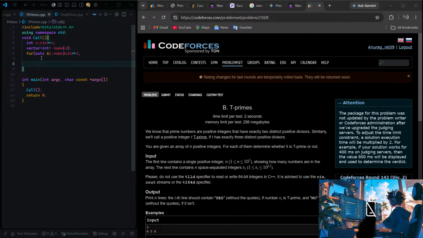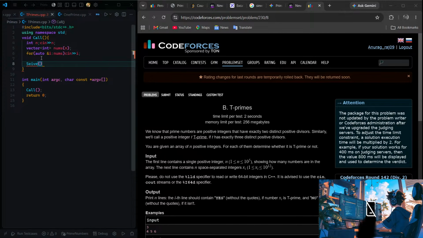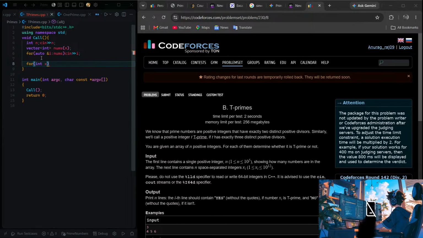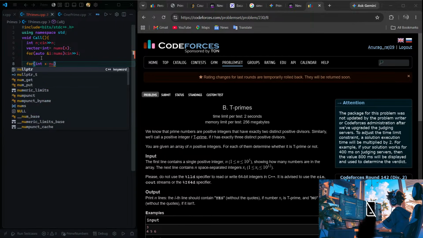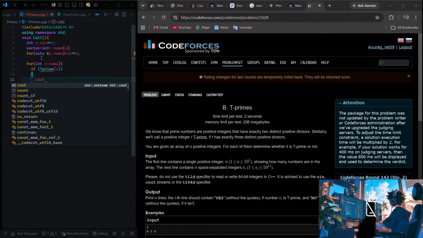Then after that I will call the function sieve. So this sieve will tell me whether a number is a prime or not. So for that I can use a for loop, for int x in nums, and if it is a t prime, I have to tell that this number is a t prime or not. If this is a t prime, I will print out cout YES.